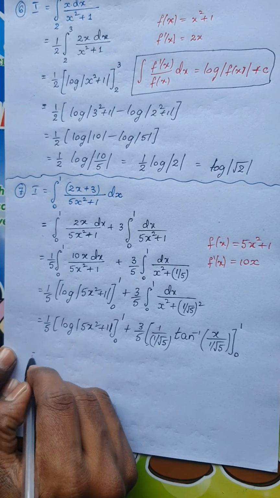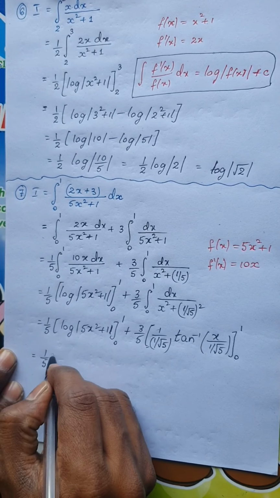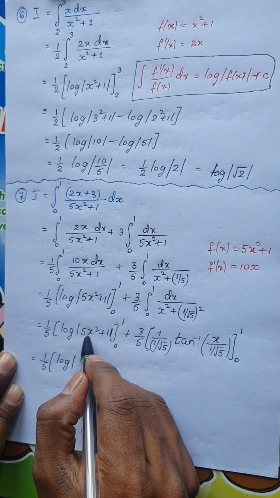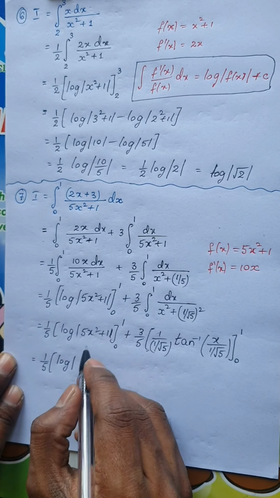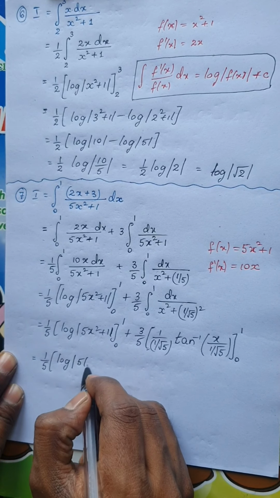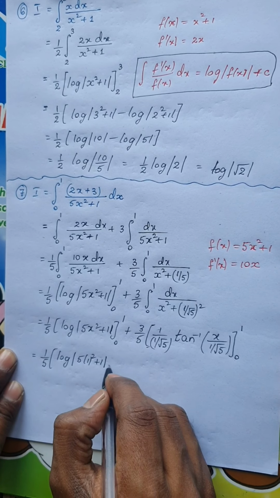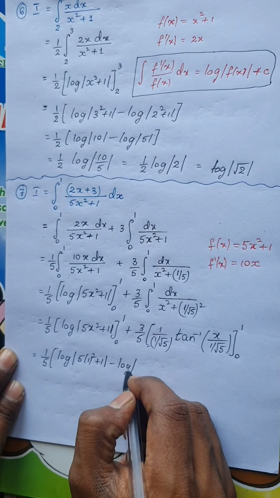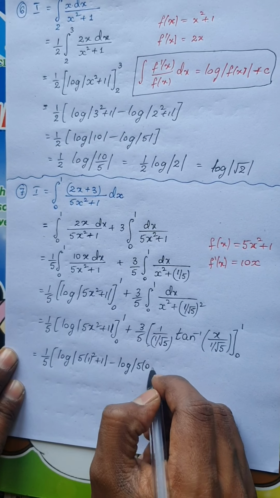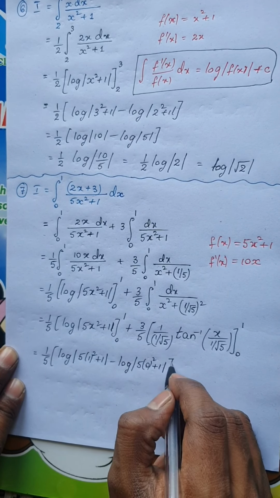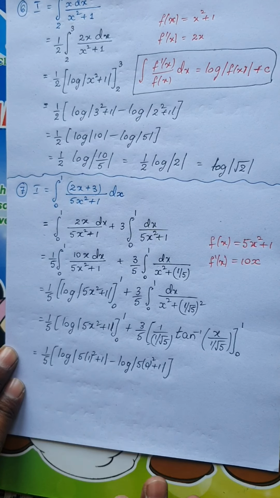So this is nothing but 1 by 5 into log of mod, if you apply the upper limit, (5 into 1 squared plus 1), minus log of mod (5 into 0 squared plus 1). So this is the limit for this function.